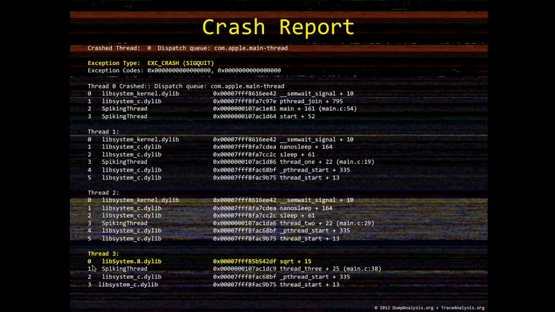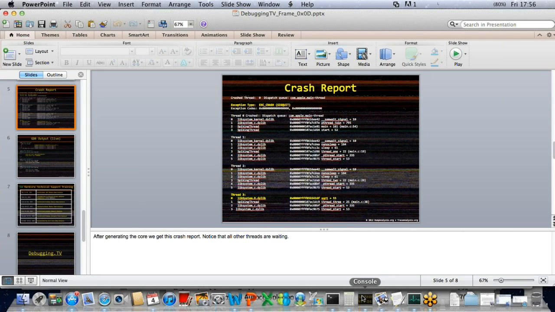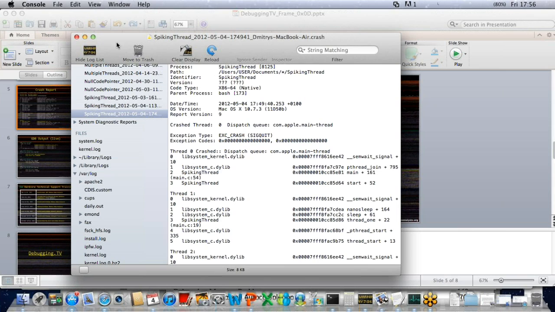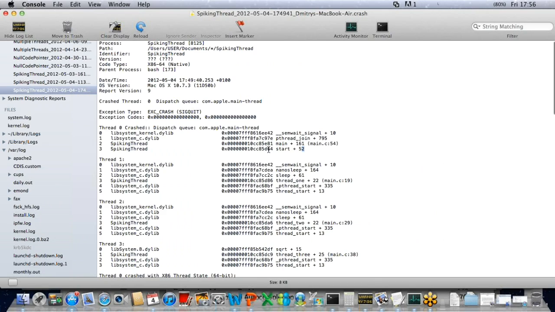Most threads are sleeping or waiting. And we can also see that in a crash report. For example, for our case, that was the last one. We see that all other threads are waiting and only our spiking thread has a non-waiting function.